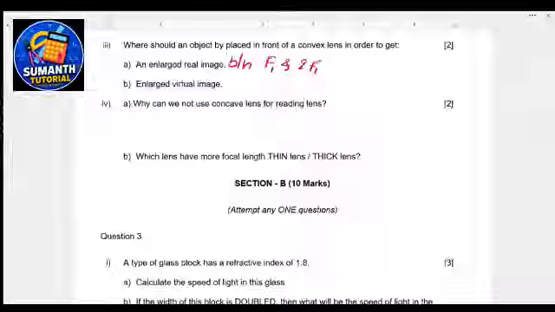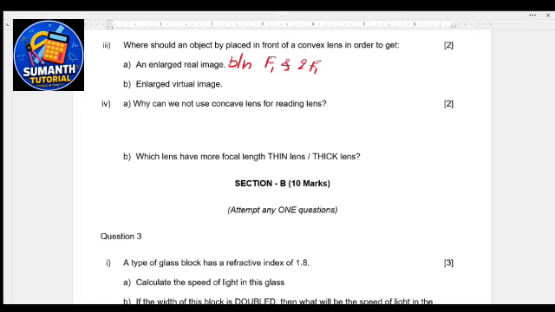Don't get confused. There are two kinds of things. One is enlarged, another one is highly enlarged. Highly enlarged is at F1, but enlarged means between F1 and 2F1. Next thing, enlarged virtual image. That is in between F1 and the optic center.